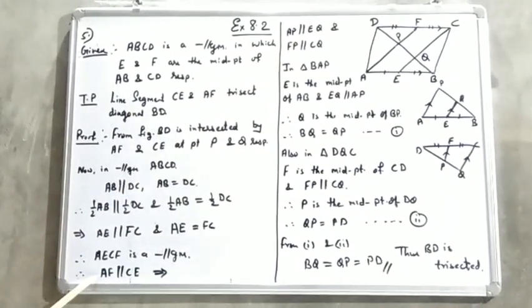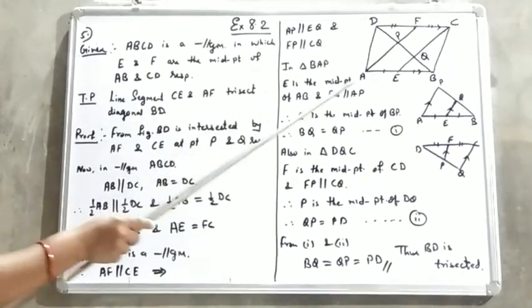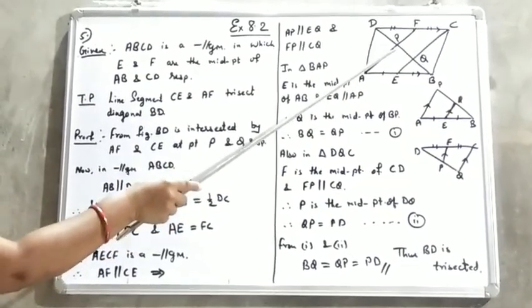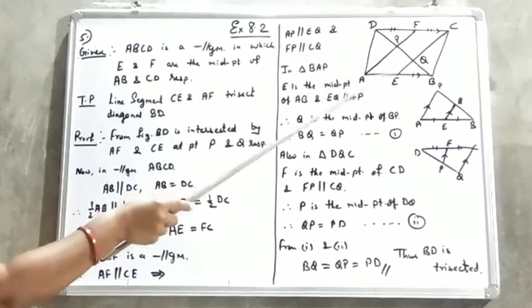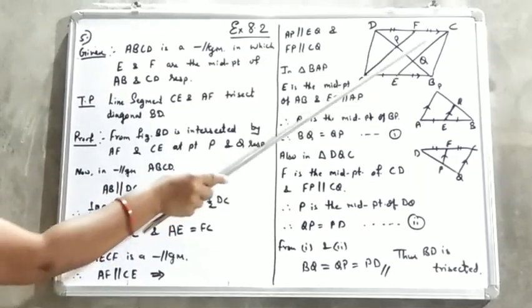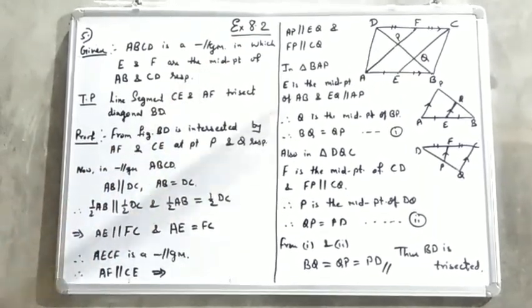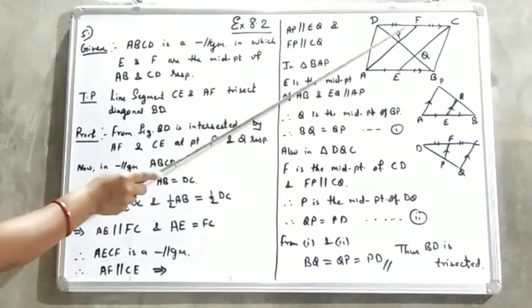If AF is parallel to CE, then a part of line AF is also parallel, meaning AP is parallel to EQ, CQ is parallel to FP. Both ways you have to prove. Why? Because we will take two different triangles. So it should be clear.